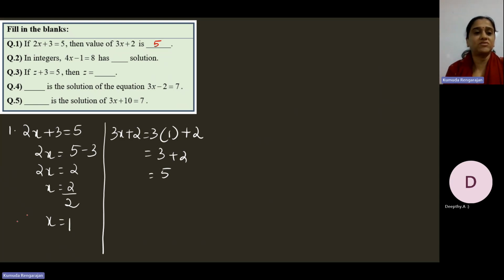It's given 2x plus 3 is equal to 5, right? So you'll have to solve that equation and find the value of x. After getting the value of x, put that in the expression 3x plus 2 and find the value of the expression.